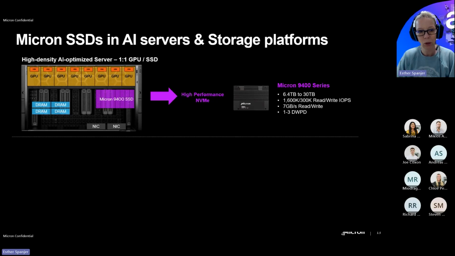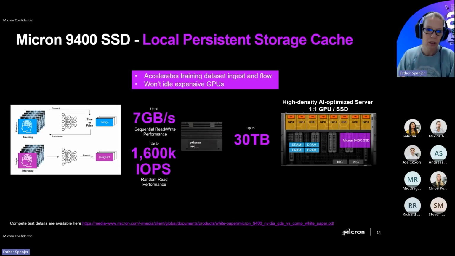So when we're looking at these very, very AI optimized servers, very GPU dense, the key component from an SSD perspective that would be the best implementation for that very heavy GPU server is our very high performance NVMe product, what we call the 9400.